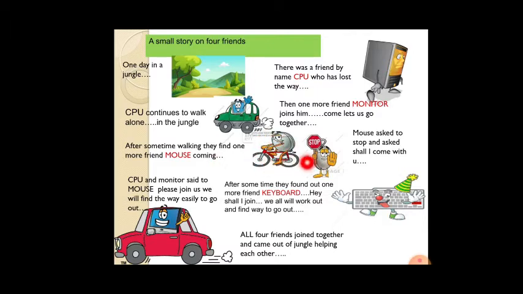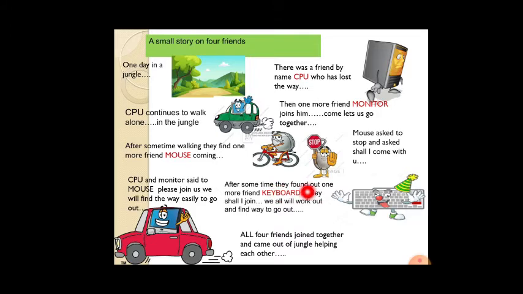The mouse is showing a stop board here. Mouse asks them to stop and asks, shall I join with you to find the way out of this jungle? Then the monitor and the CPU said, yes, friend, come, you also join. We will find the way easily to go out.